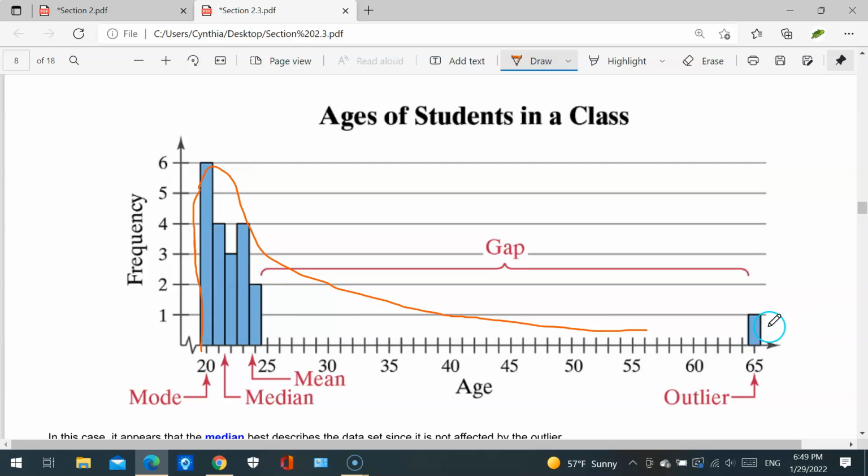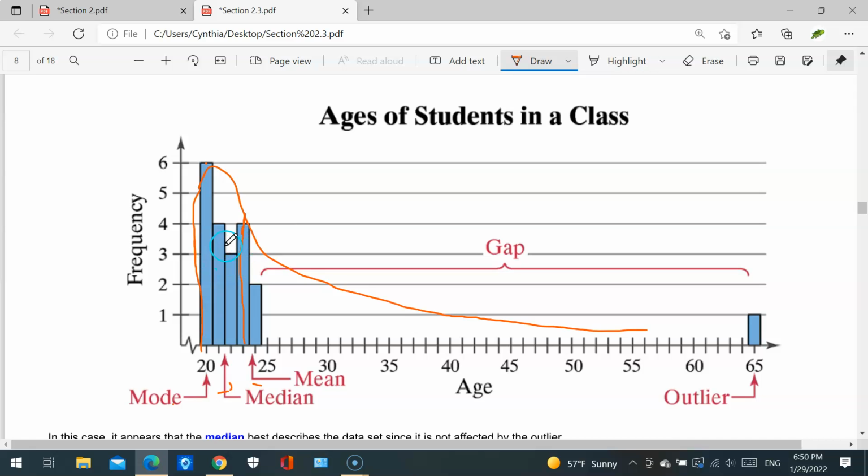Because this number pushes the mean from the middle to the right. The highest peak here is your mode. The average got pushed to the right, so the far right here is the mean, which is your average.